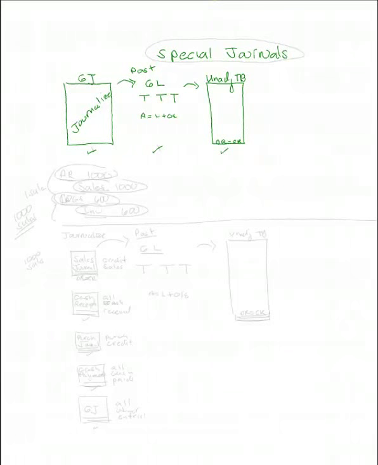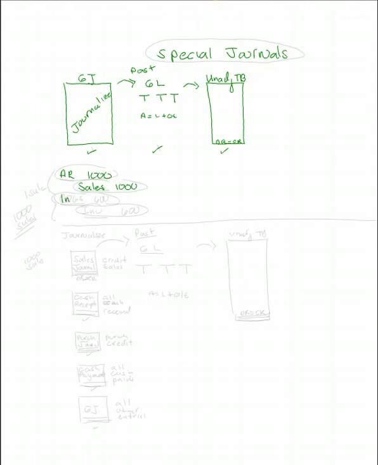This is very efficient, but it's also quite time-consuming because you have to post a line for each transaction. For example, if you're recording a sale, you would record, let's say, $1,000 into accounts receivable. Sales would get credited for the $1,000.